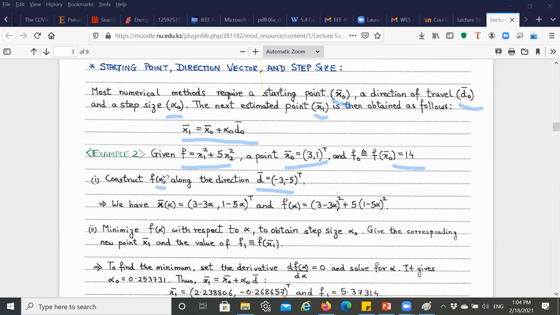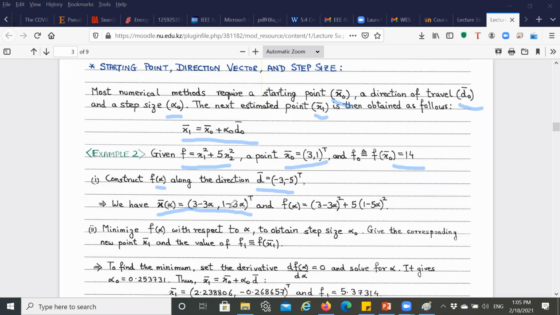Now my alpha is the unknown, right? I know x naught, I know d naught, I do not know alpha. So I can write the function in terms of alpha, my unknown variable. My new point would be 3 minus 3 alpha, which is the direction, and 1 minus 5 alpha, 1 minus 5 times alpha, in that direction.